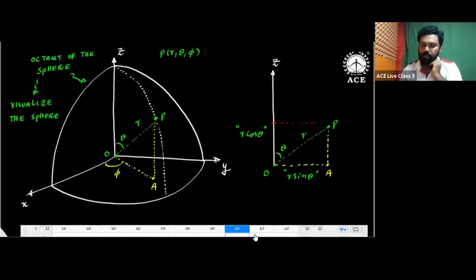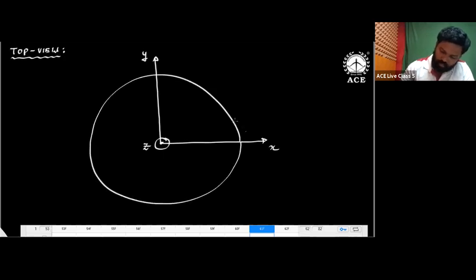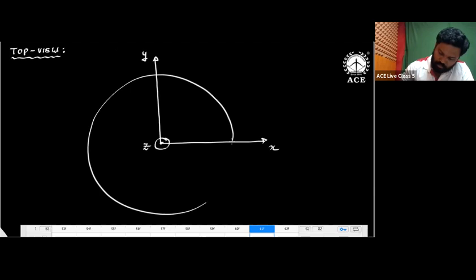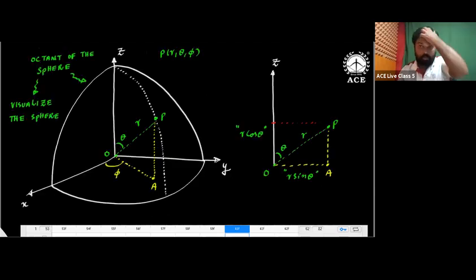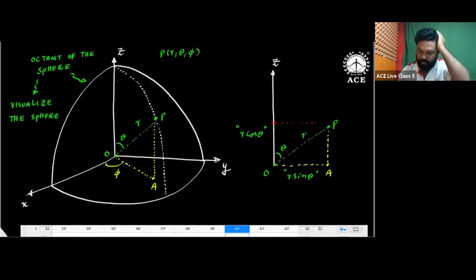If I see a top view, you're going to find a circle. Clear? Yes. So here it is OA.